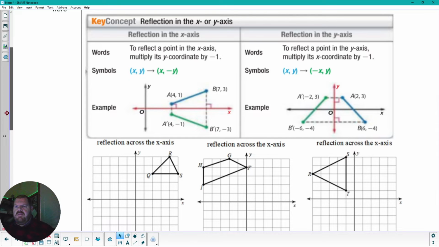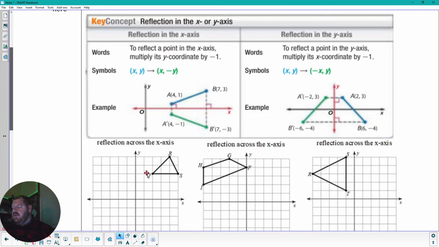That's always a tricky idea. But essentially, in a mirror, things that are closer to the mirror look closer in the mirror. And that same thing happens in geometric reflections.